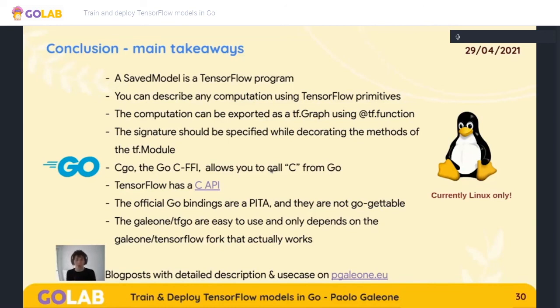And cgo, the Go C foreign function interface, allows us to call C from Go. We have the C API. Don't use the official Go bindings, but use tfgo and my fork of TensorFlow, because they are the only ones that just work. And if you are interested, there is on my personal blog a more detailed description of this use case.